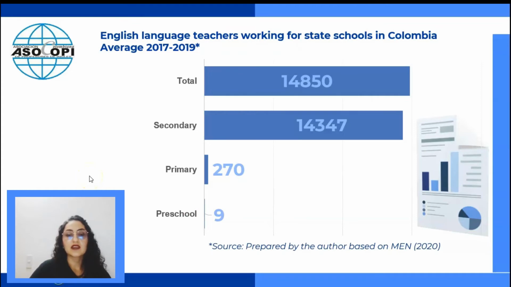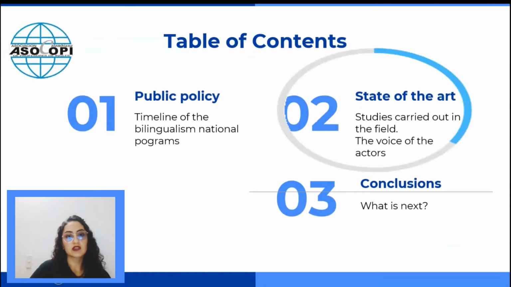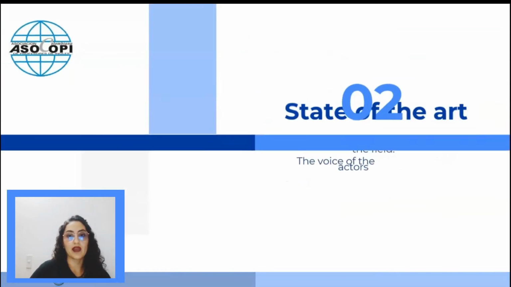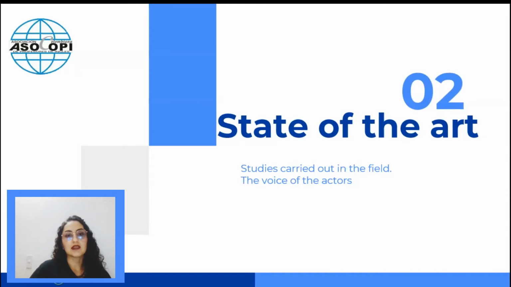Now let's move on to the second item on the agenda, which is the state of the art in the field of teaching English in preschool and primary. In this section, I will show you the main findings of a documentary exploration. For this, I reviewed around 50 documents consisting of 3 doctoral theses, 3 research books, and 44 articles.